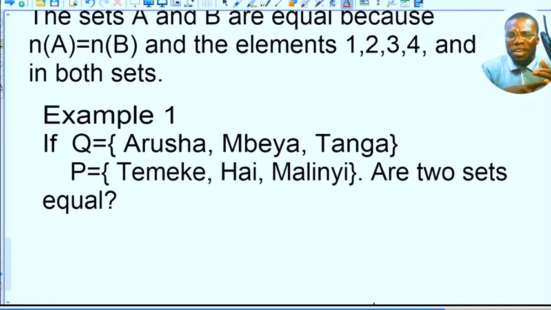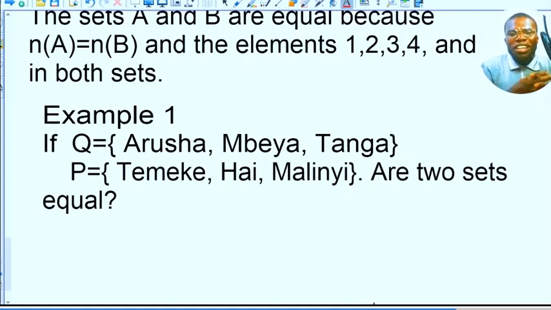While set P comprises the elements Temeke, Hai, and Malinyi. Now the question is, are the two sets equal?